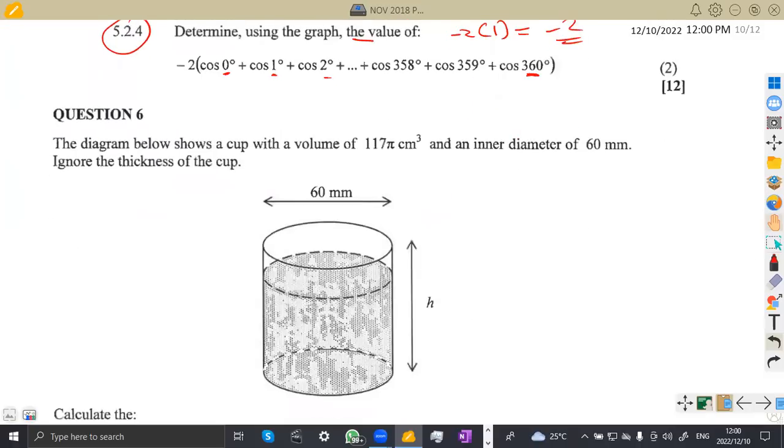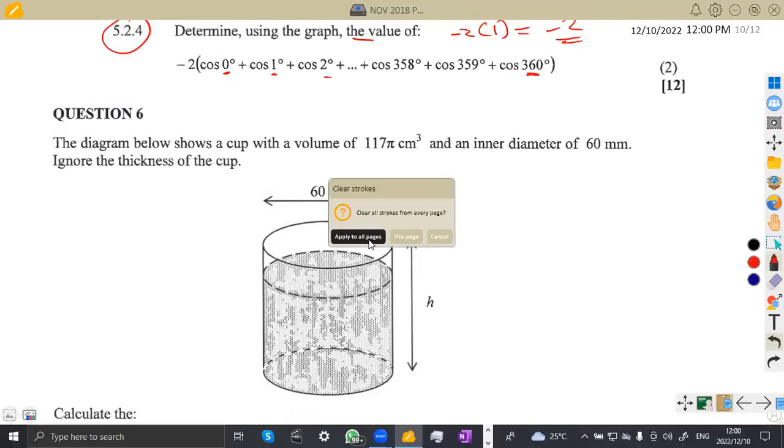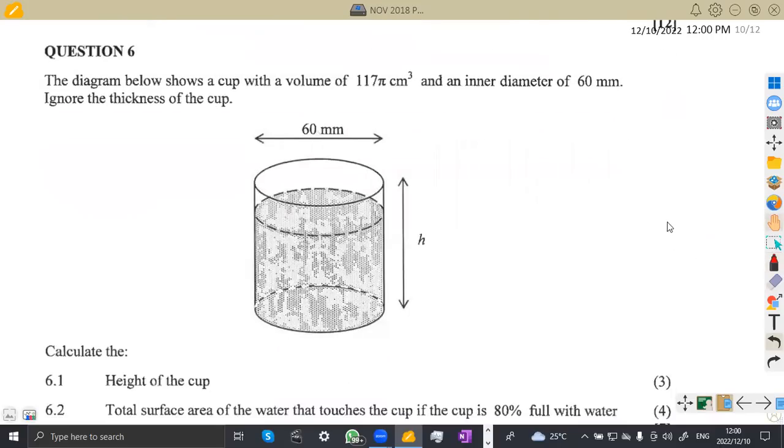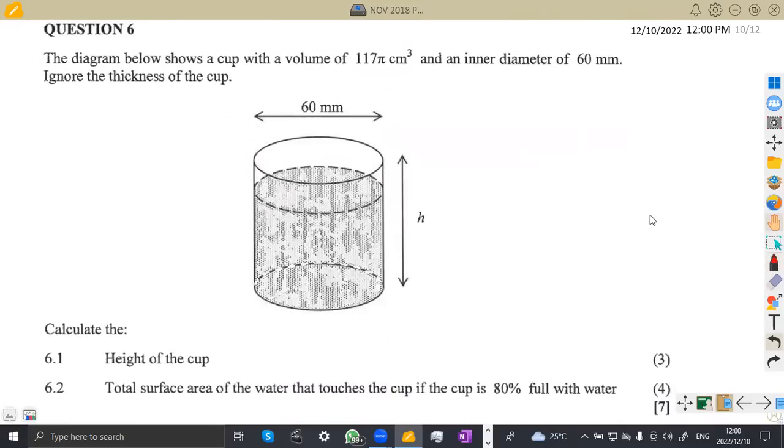All right. On question 6, I think we're done with that one. That was actually 12 marks in total. So on question 6, we are now given information which relates to solid shapes. The diagram is simply showing a cup with a volume of 117 pi cubic units.